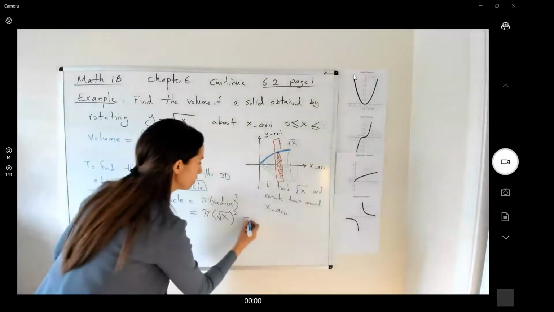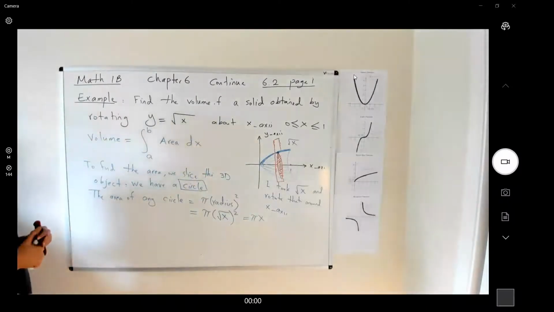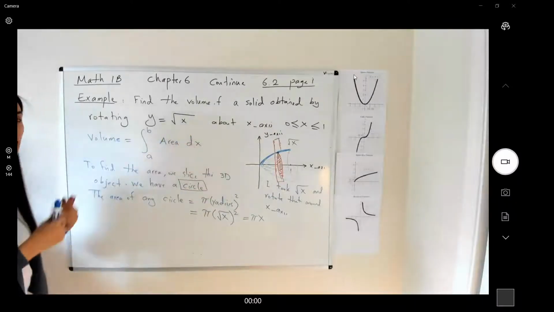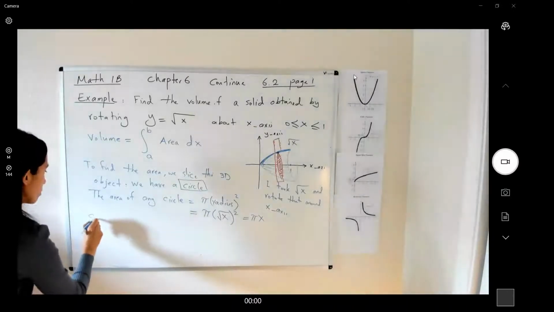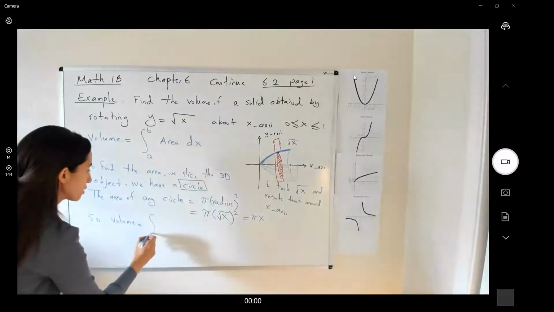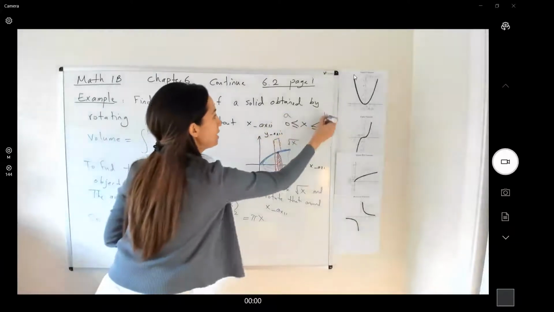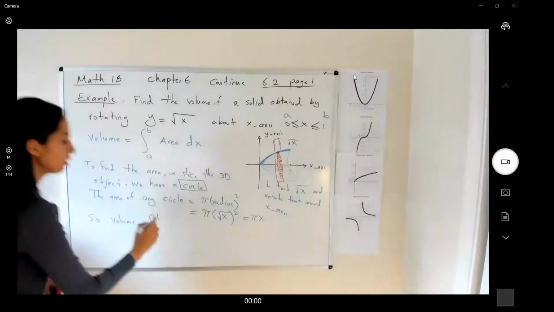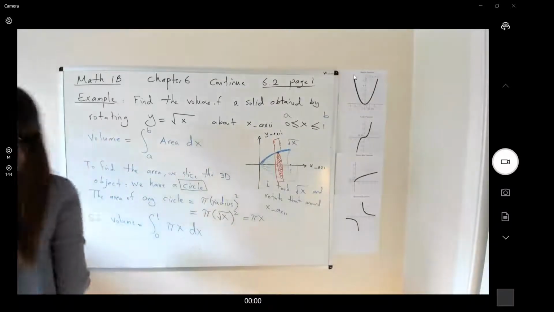So the area is equal to pi times x. So we found the area. We just plug that in and start taking the integral. So volume is equal to the integral. I know that x ranges between 0 and 1, so a and b are given here. 0 to 1 area, which is pi times x dx.